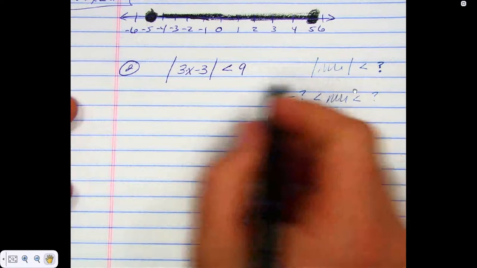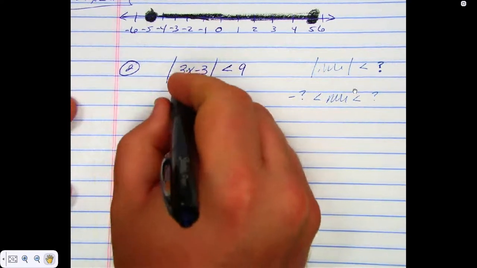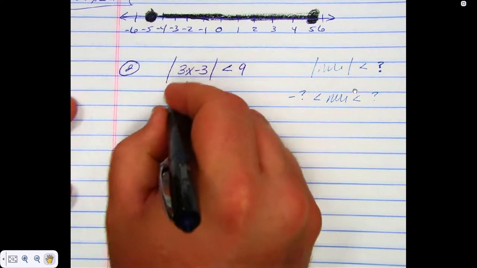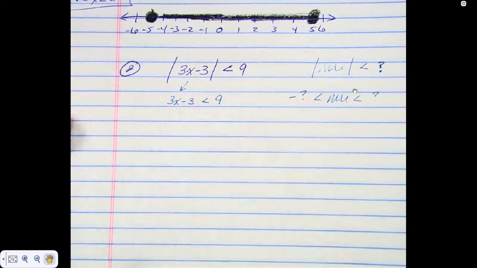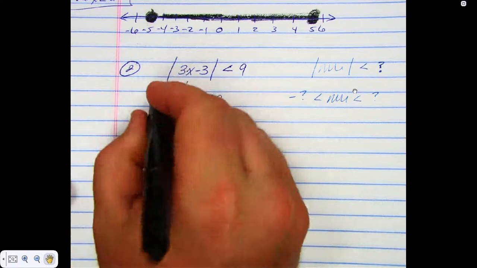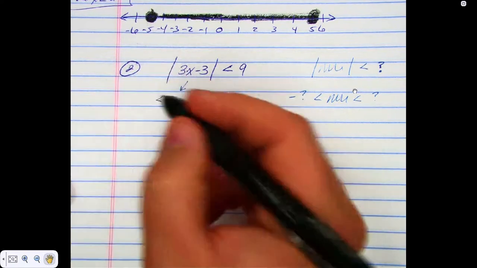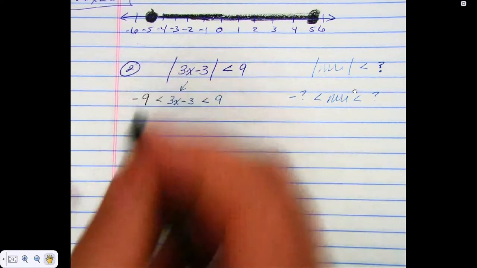So in this case, the 3x minus 3 comes down. It becomes less than 9. But since it's absolute value, there are two solutions, are there not? So it's also greater than what? Negative 9.